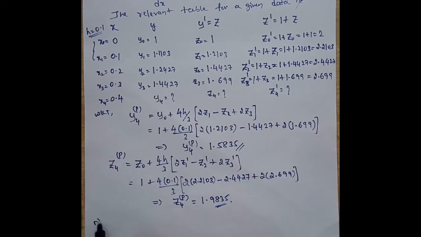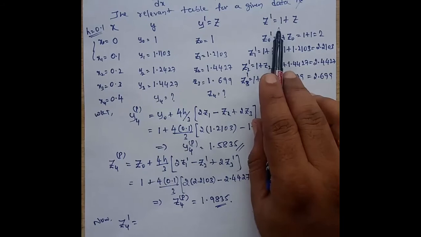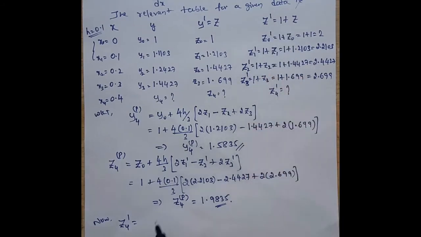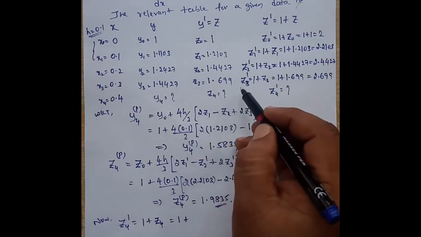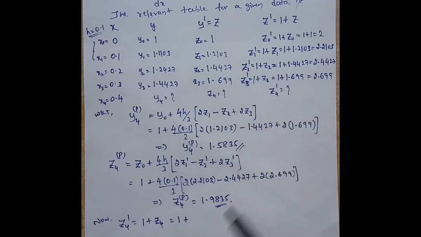Now Z4 dash equals. You know Z dash is 1 plus Z, the expression. So Z4 dash becomes 1 plus Z4. Remember Z4 is unknown here. From the table you cannot get it. But already we have calculated the predicted value for Z4. So I can use this predicted value for Z4 here to calculate Z4 dash.